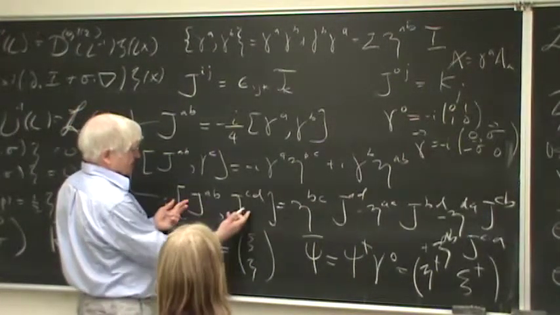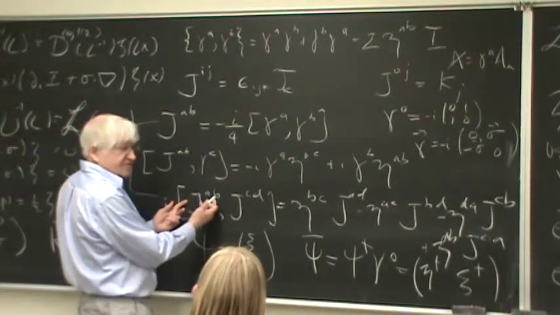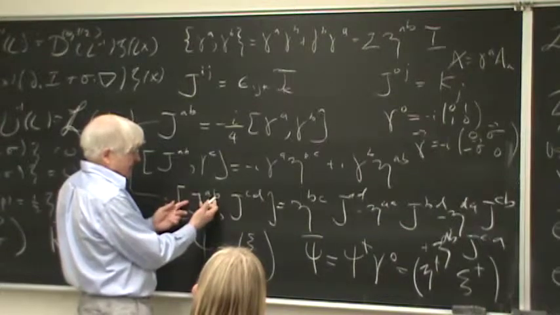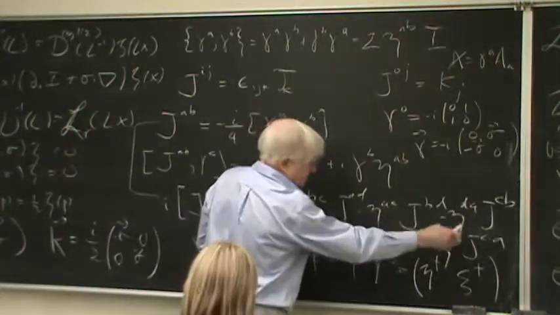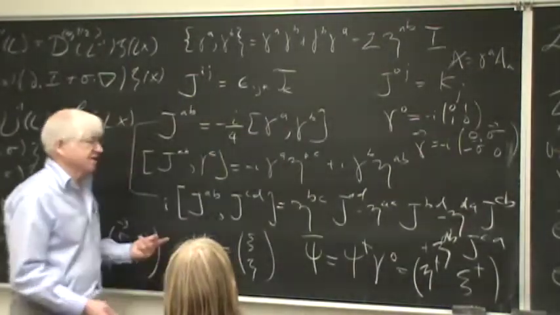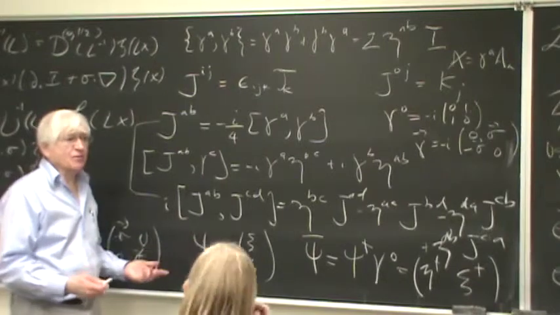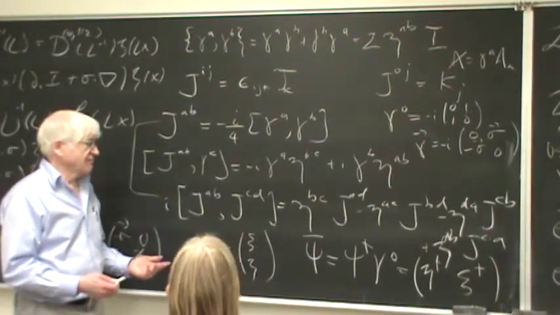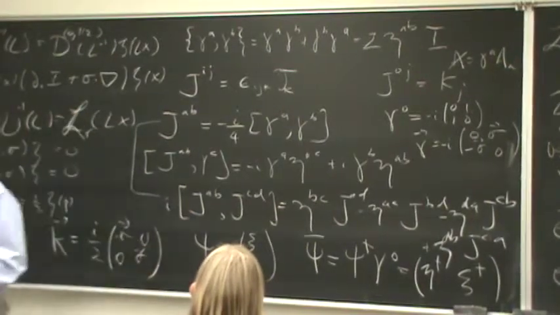These are the commutation relations of the generators of the Lorentz group, written in terms of this two-dimensional notation, and we get this nice structure here. Of course, you can equally well write them in terms of J plus and J minus, and then they're just two angular momenta. But this is sort of the gilded lily version of them.